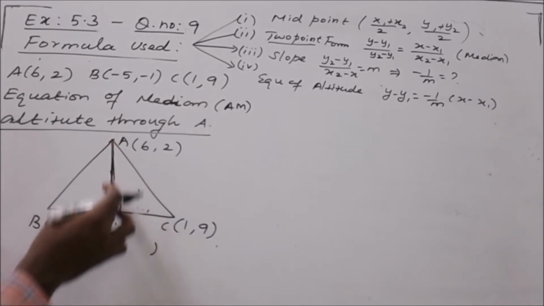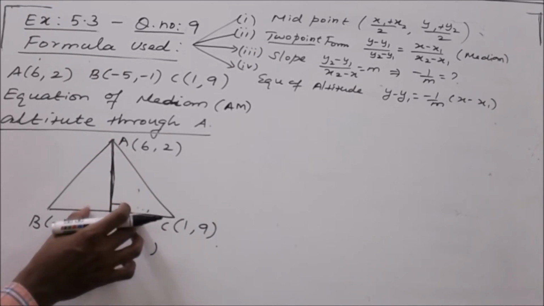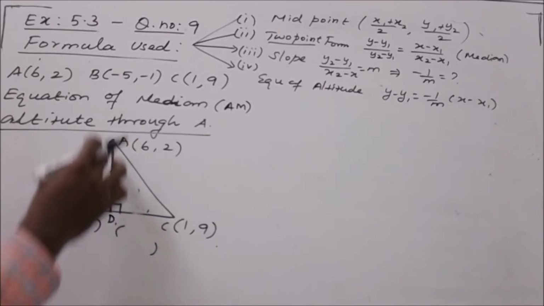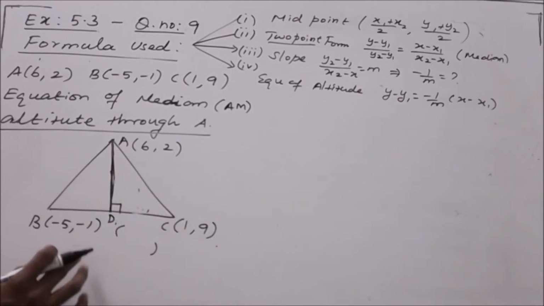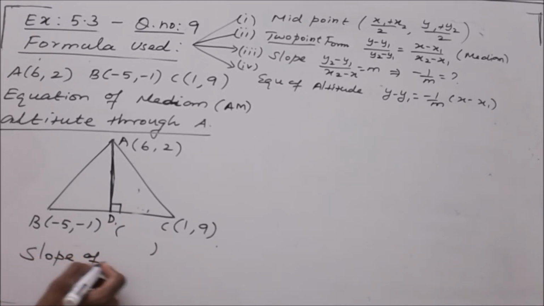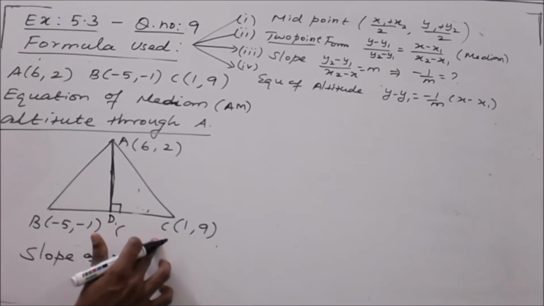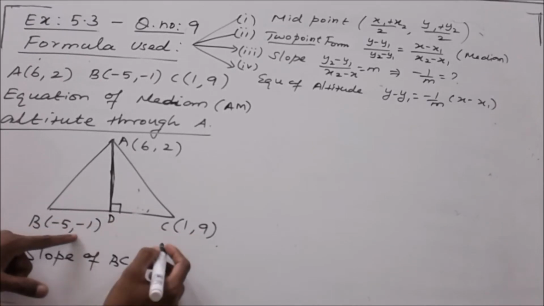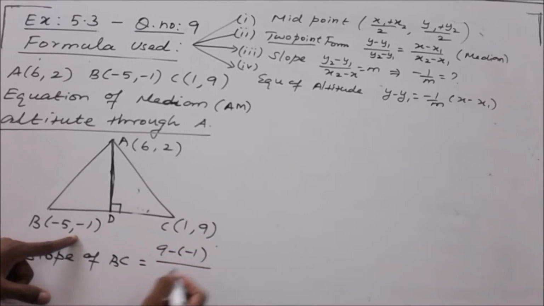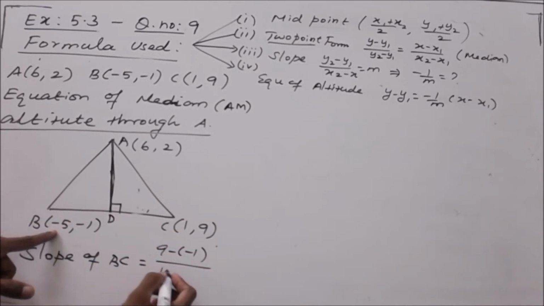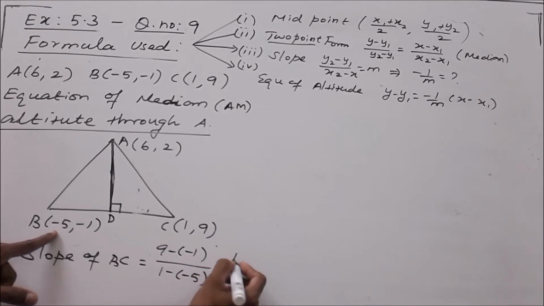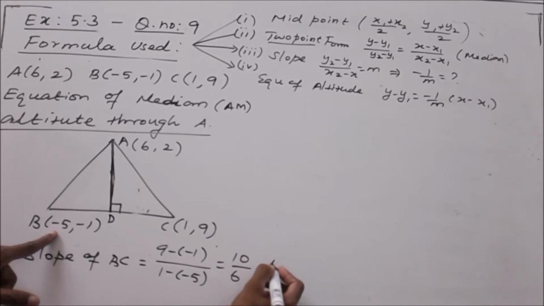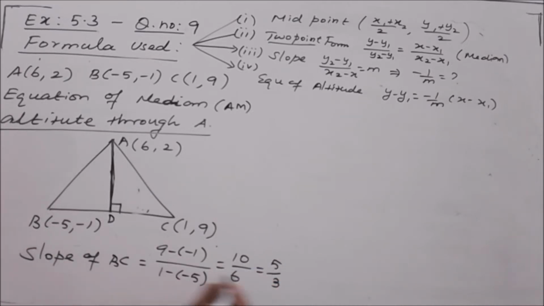Previously we calculated the median AM, connecting the midpoint to A. Now we should find the slope of BC, that is (y2 - y1)/(x2 - x1) = (9 - (-1))/(1 - (-5)) = 10/6 = 5/3. This is m, the slope of BC.